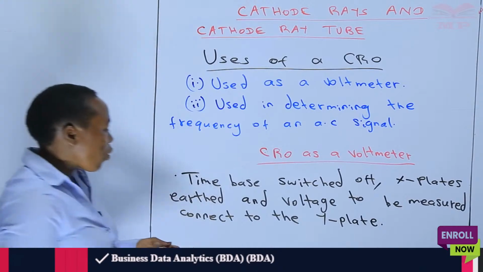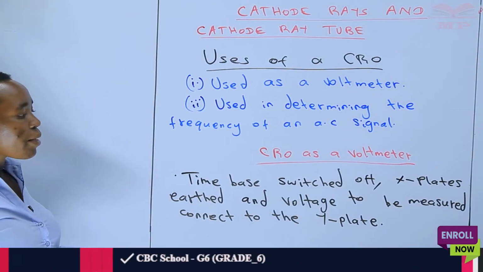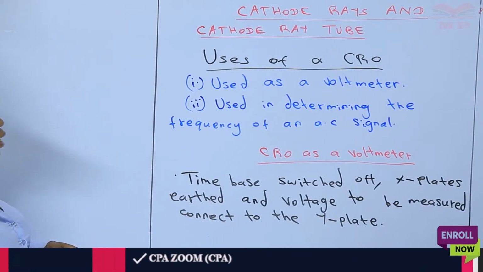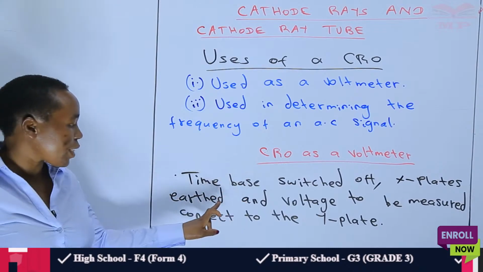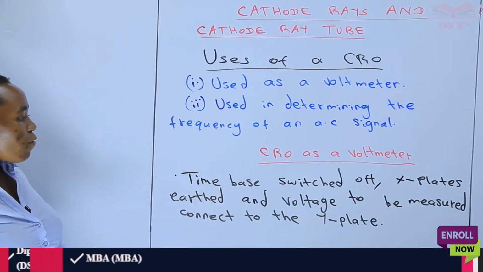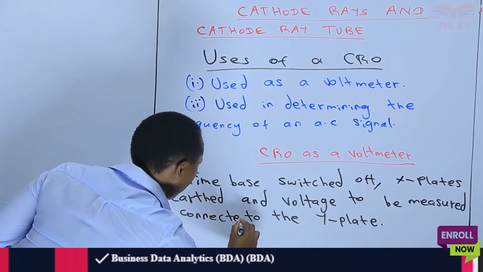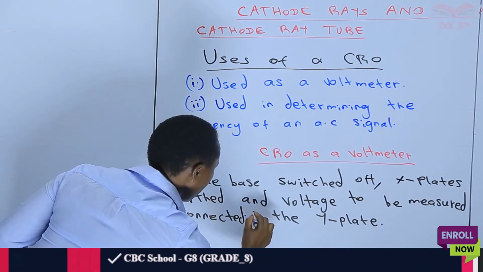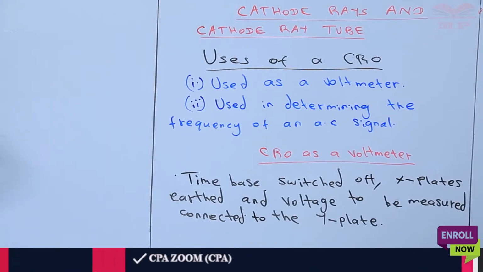Remember we said that the time base is connected to the X plates. So when the time base is switched off, the X plates are earthed, and the voltage to be measured is connected to the Y plates.